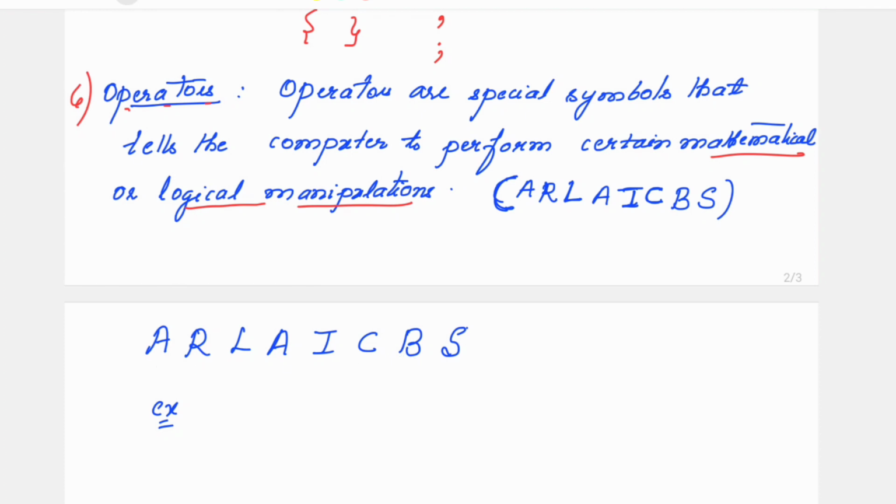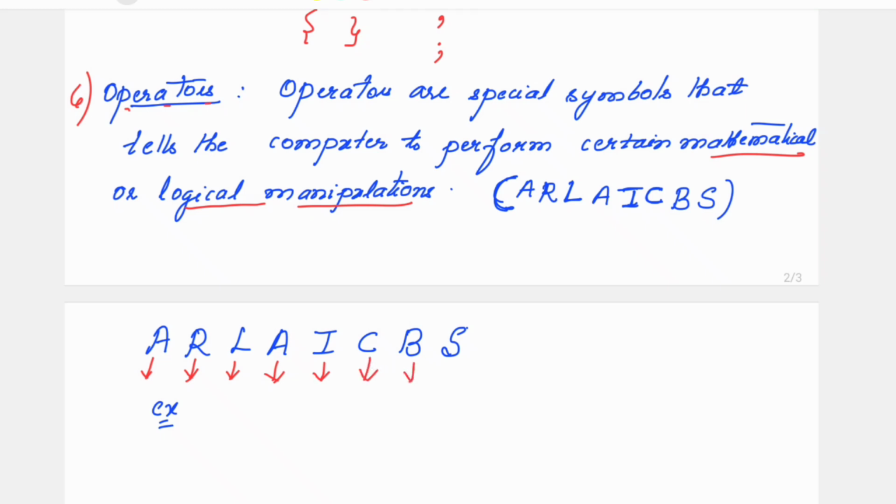Now how to remember these names? I have one small trick here. Just remember that the very first alphabet in English language is what? A, then followed by RL, because our country has got different religions with our different languages, L. Then you use these two letters AI, which stands for artificial intelligence, and then your curriculum is what?